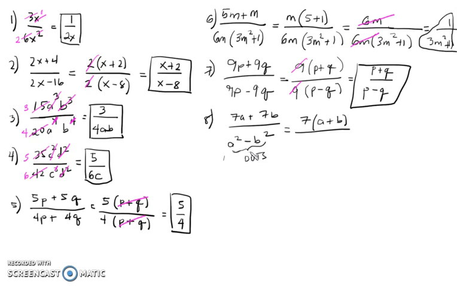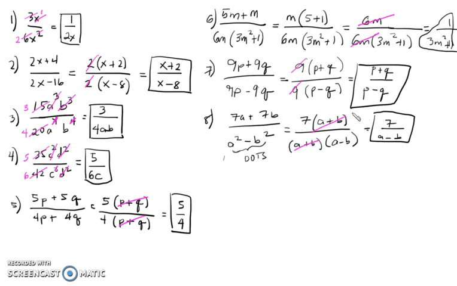By our previous knowledge of factoring it, we have simply the product of its sum and difference, so that would be (a plus b) multiplied by (a minus b). After doing that, we can cancel (a plus b), so our final answer would be 7 over (a minus b).